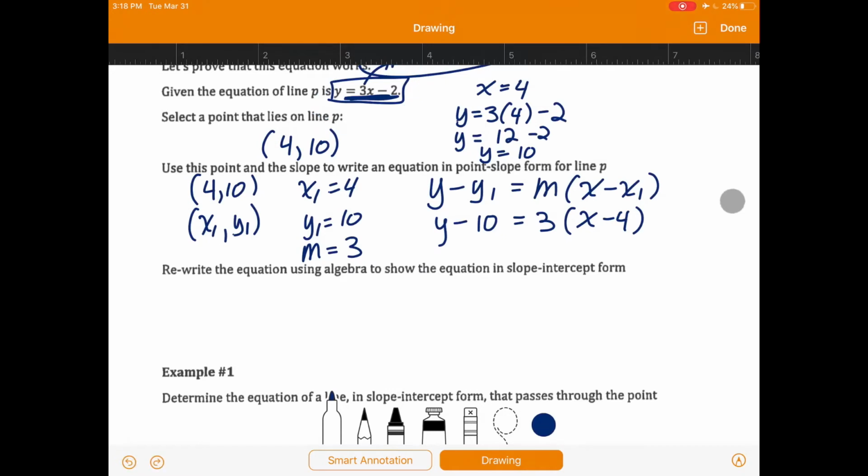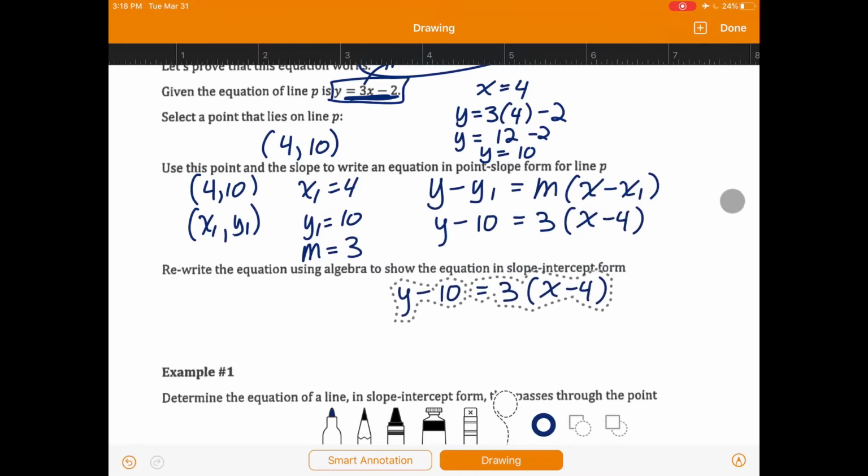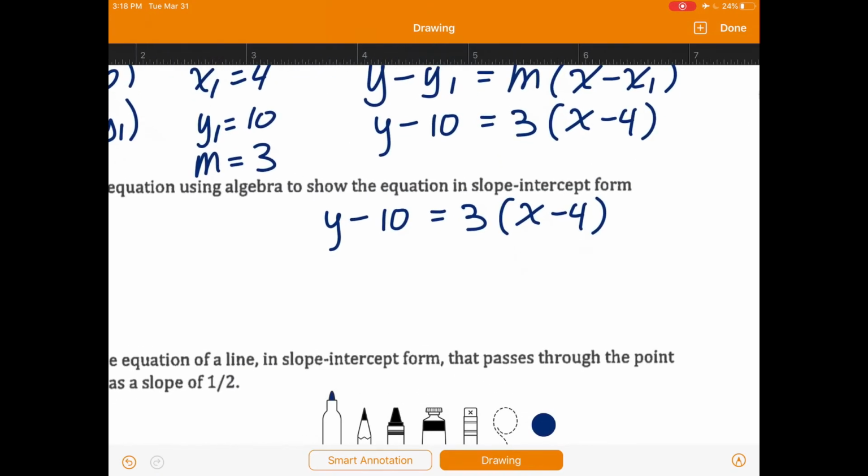But let's prove that that is actually the same thing. So take this equation, and we're going to do a little bit of algebra with it. So 3 times x is 3x. 3 times negative 4 is negative 12. All of this stays the same. Now we want to get y by itself, so let's add 10 over.